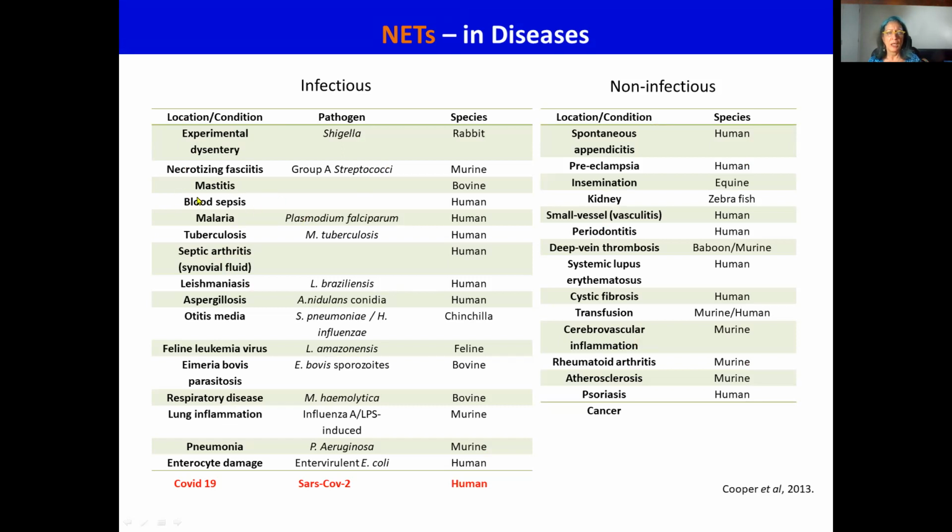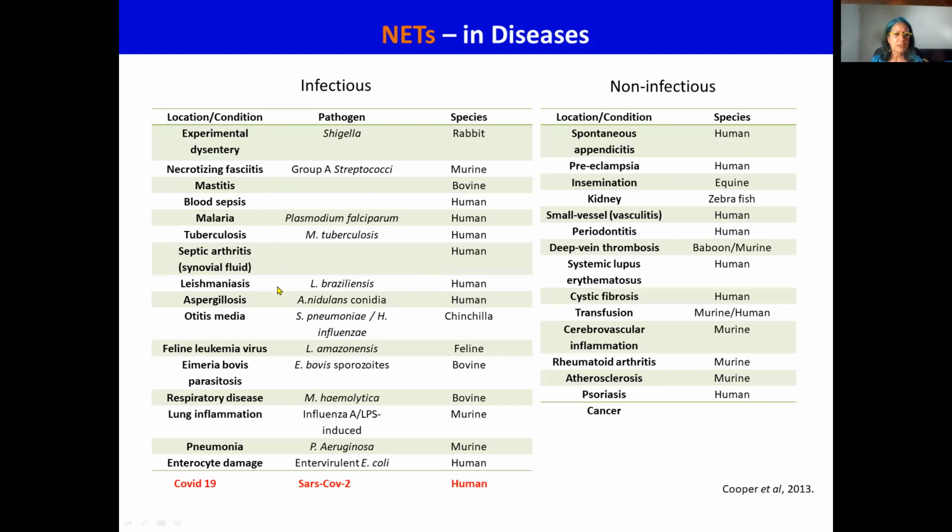Sepsis is a big problem with NETs because they are being produced inside the vessels, and so they are being adhered to the endothelial. So you are having some endothelial toxicity, and it's a big problem.